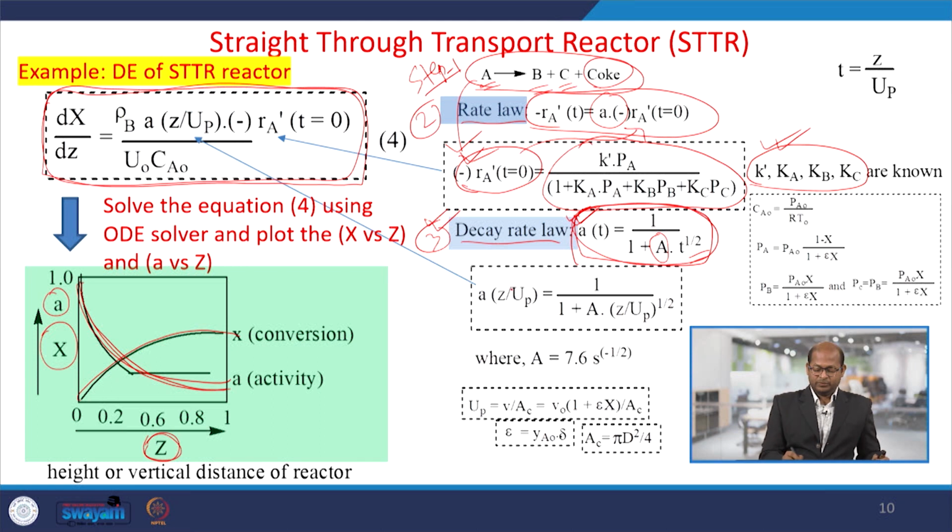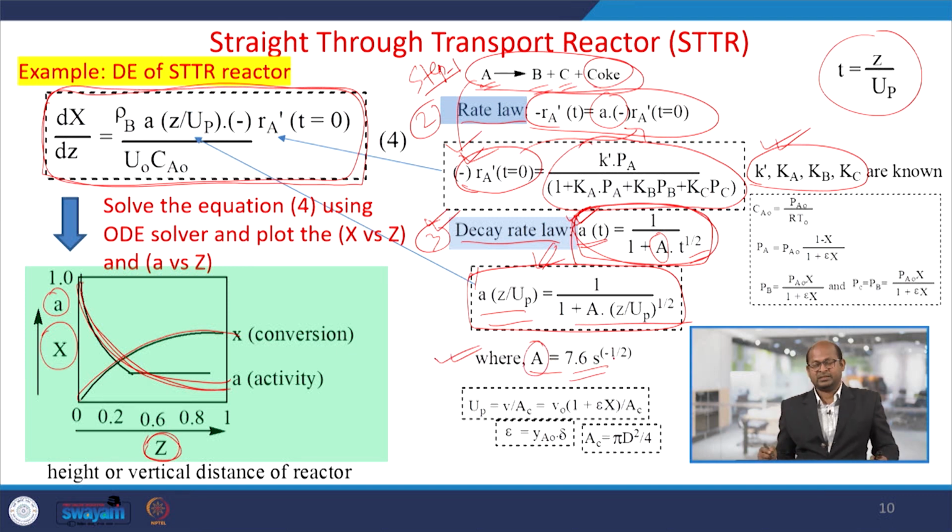Before that, time we are expressing in terms of z by u p, as I said. Then the activity, the decay rate law, we can express in terms of this also. For one example, let us say A is 7.6, a numerical value known for a particular system.